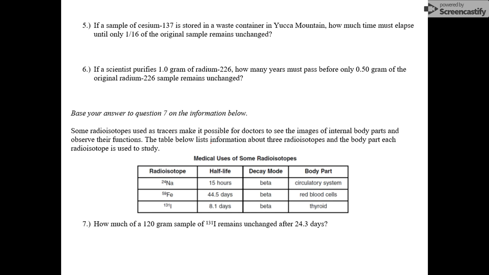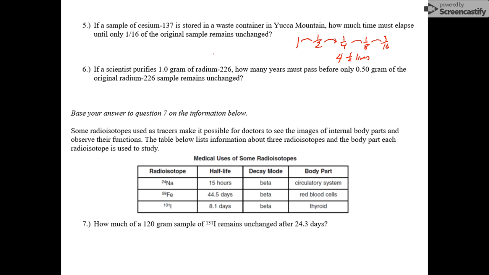Cesium-137 is stored in a waste container in Yucca Mountain. How much time must elapse until only 1/16 remains unchanged? Okay, 1 to 1 half to 1/4 to 1/8 to 1/16. How many half-lives? 1, 2, 3, 4 half-lives.